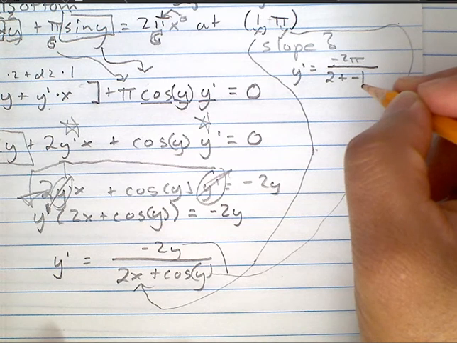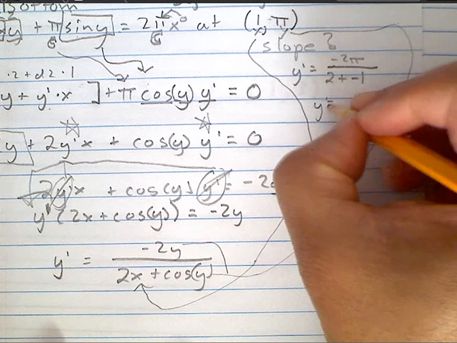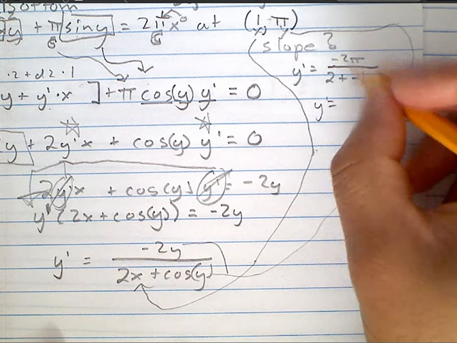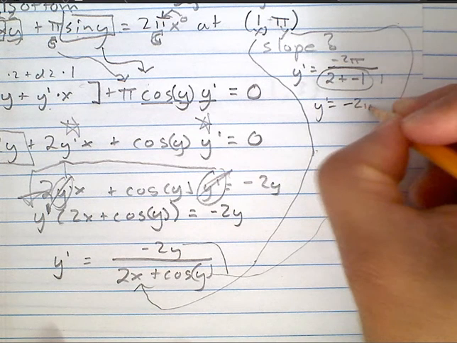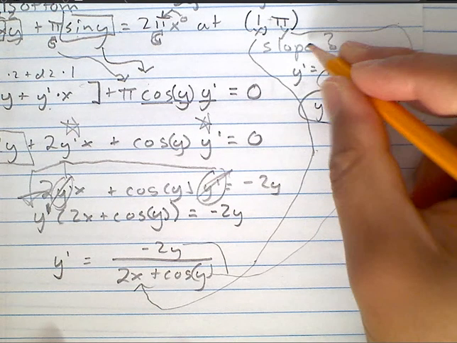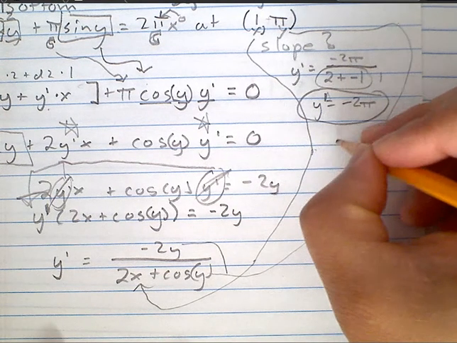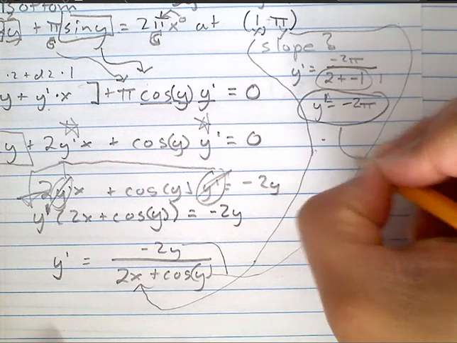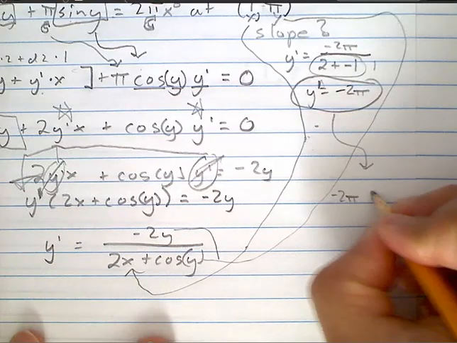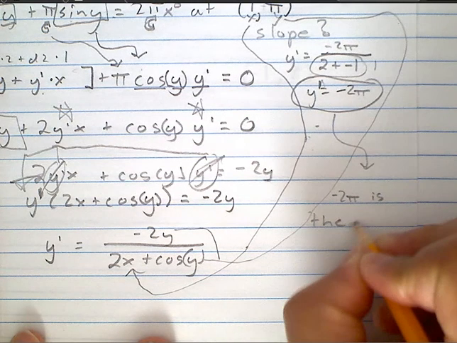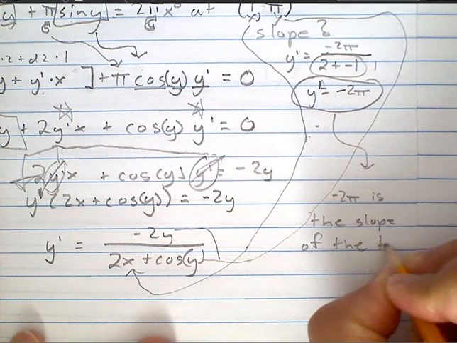Unless I made a mistake somewhere, which if you find, please let me know. That'd be great. So negative 2 pi over, this is essentially 1, so it equals negative 2 pi. That's your slope. The output of the derivative is the slope of the tangent line, so you could say negative 2 pi is the slope of the tangent line.